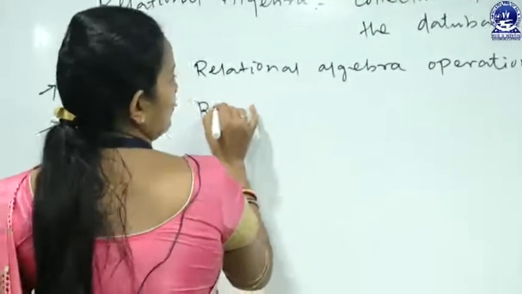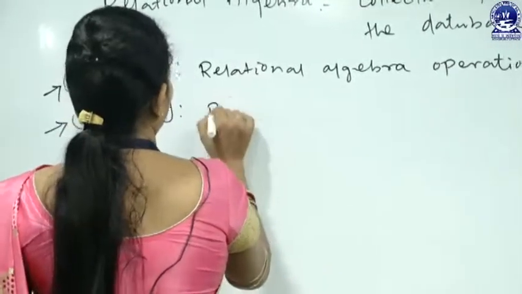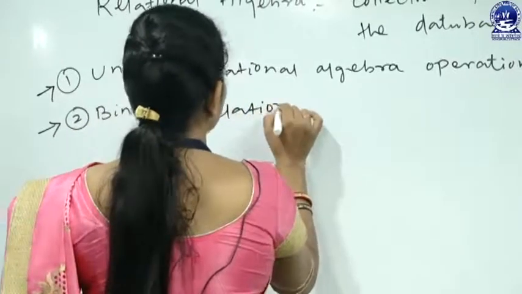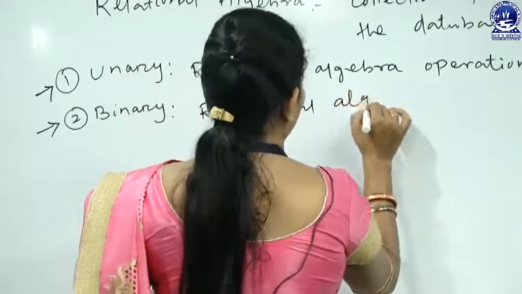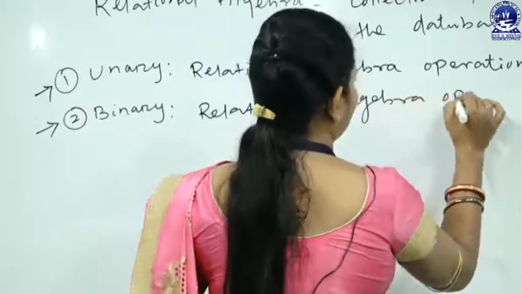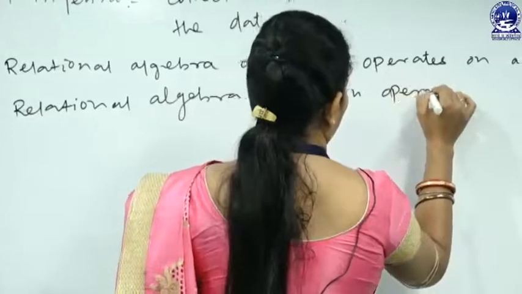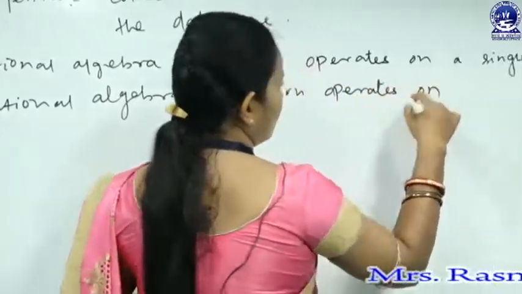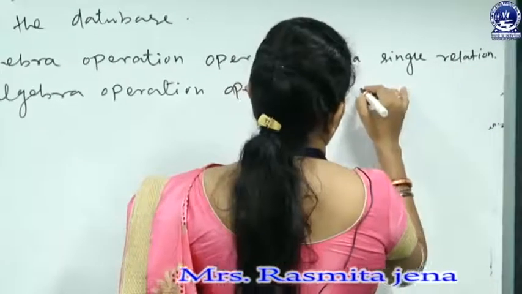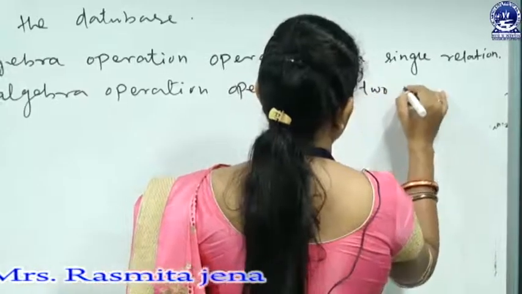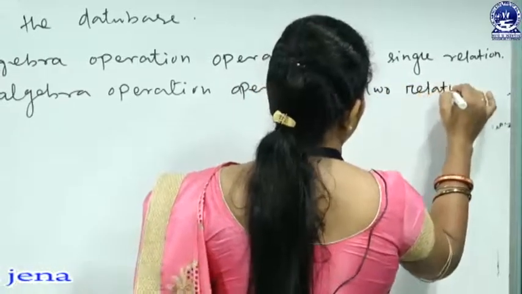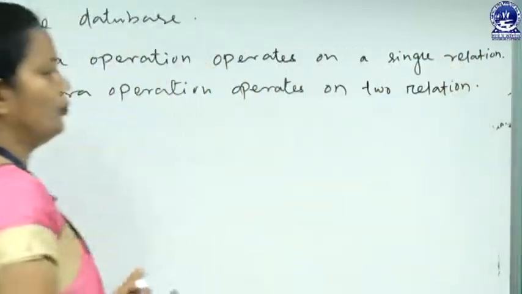Then binary means the relational algebra operation operates on more than one, or on two relations, and that is called a binary relational algebra operation.